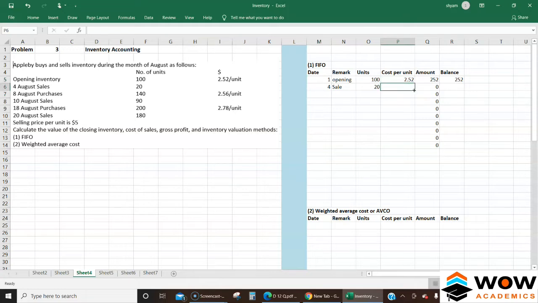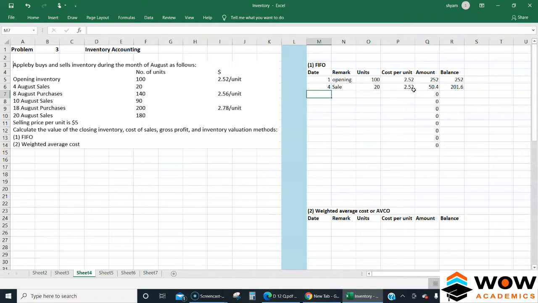So we take 2.52, and 50.4 is out of the store. This number minus this number, so 201.6 is what is remaining in the store, right? So we'll go to the next one.